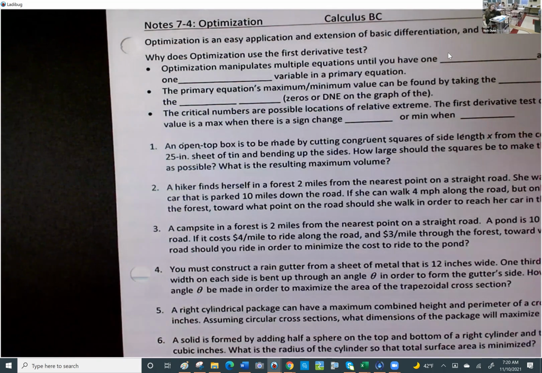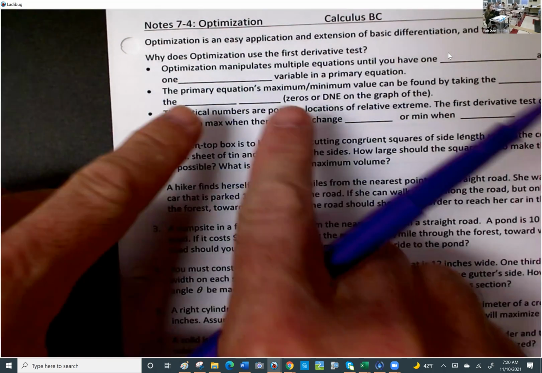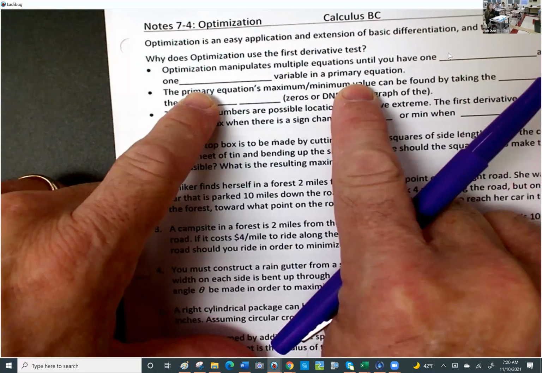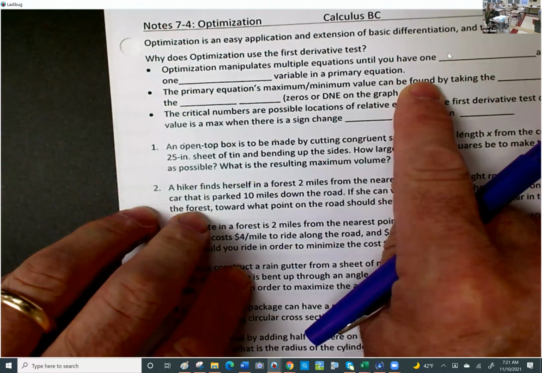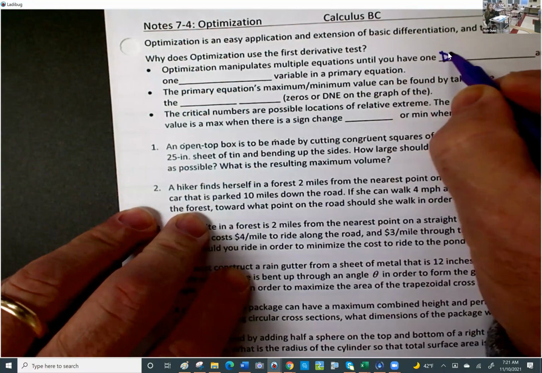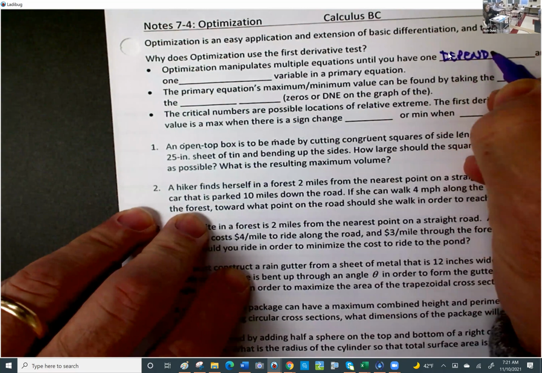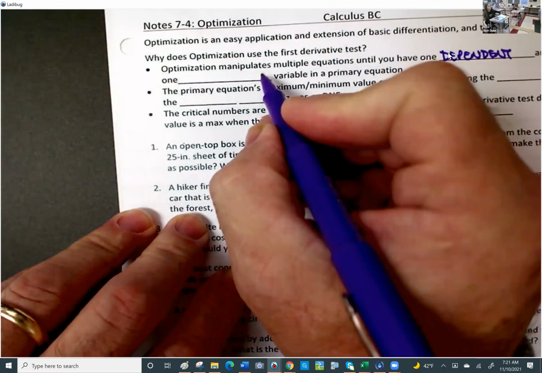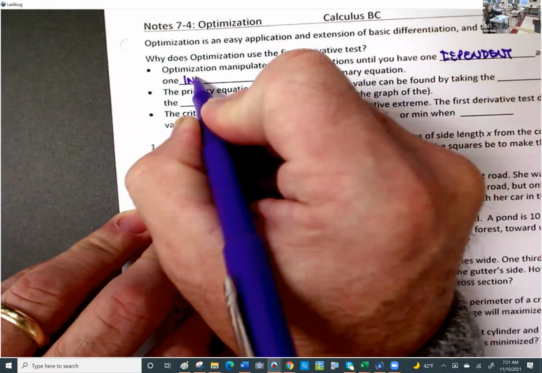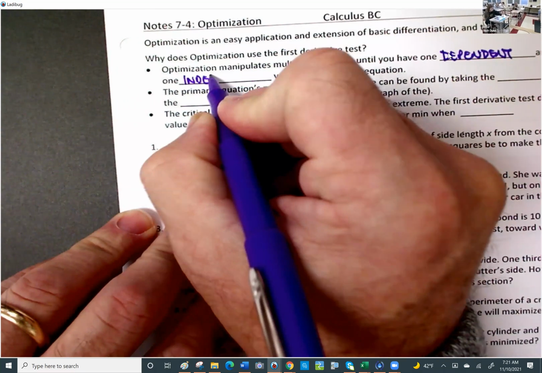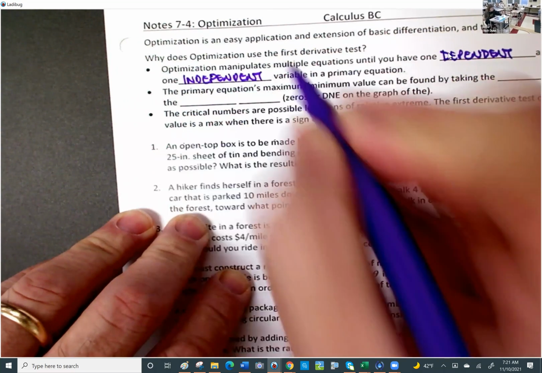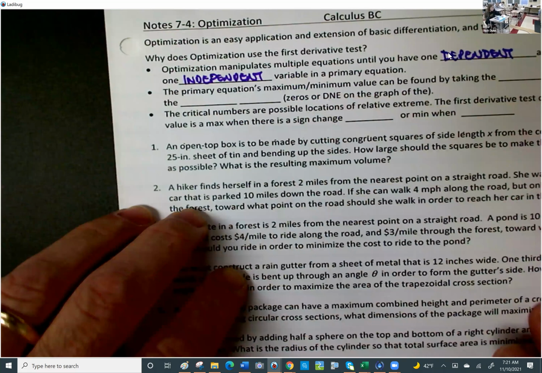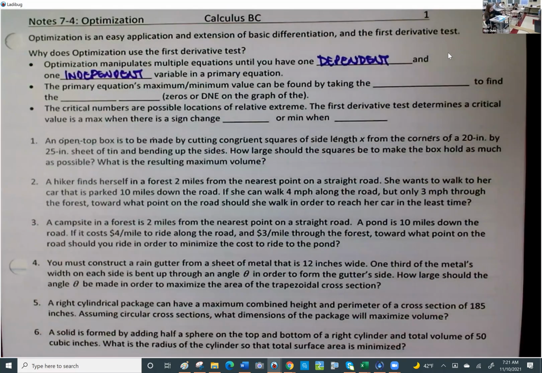Well, with optimization, what we want to do is manipulate our multiple equations until we have only one dependent and one independent variable. Have to have one and only one independent, only one dependent.